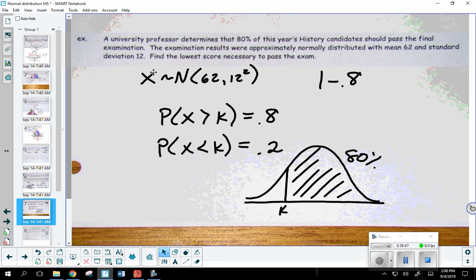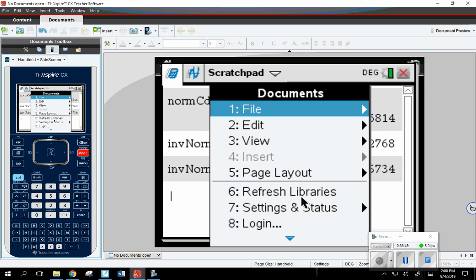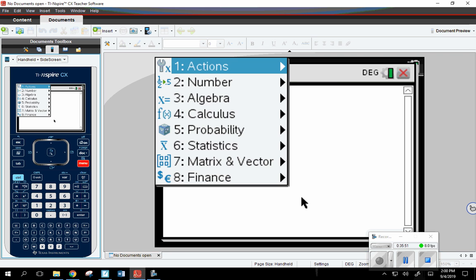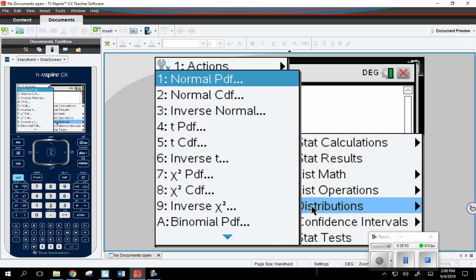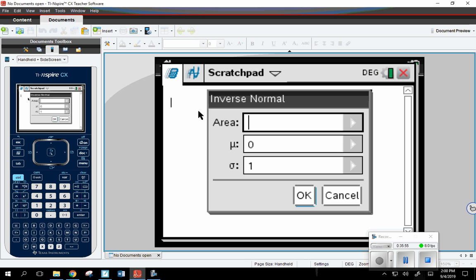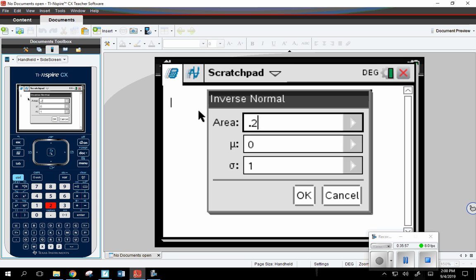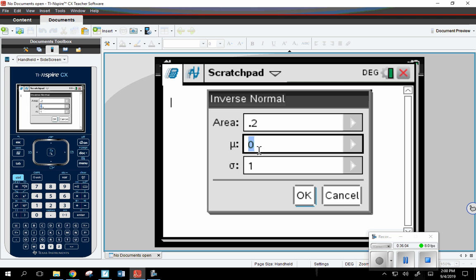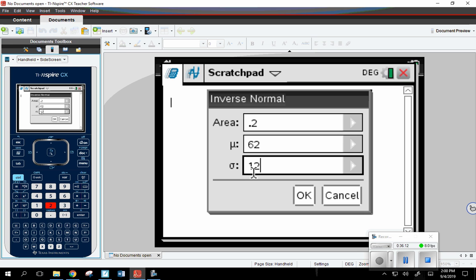So if I come on over here, let me document part B out of this. It was menu, statistics, distributions, inverse normal. The area is now 0.2, because remember the calculator can only handle less than when you're looking for that term. And what was my mean? 62. And the standard deviation was 12.